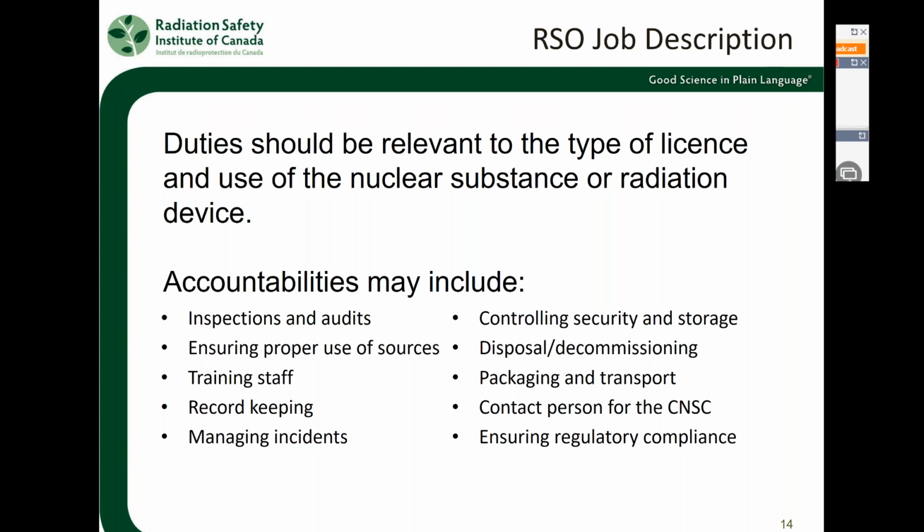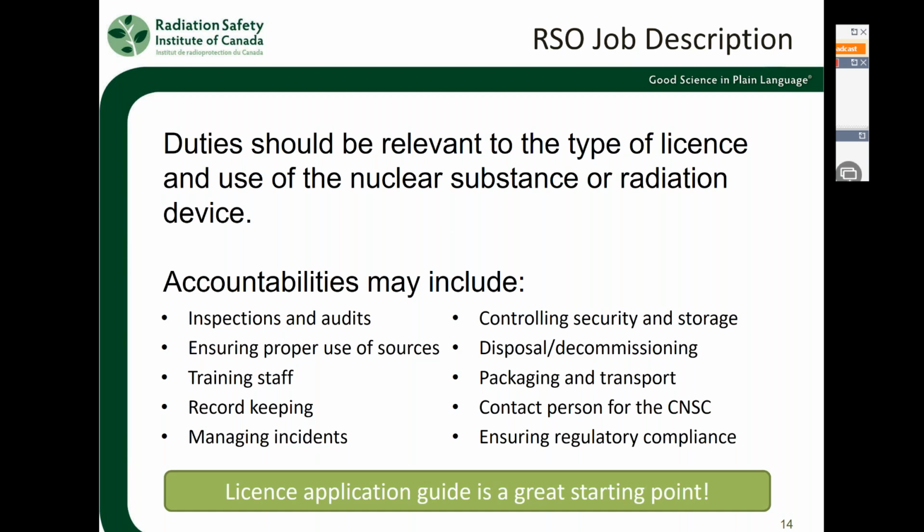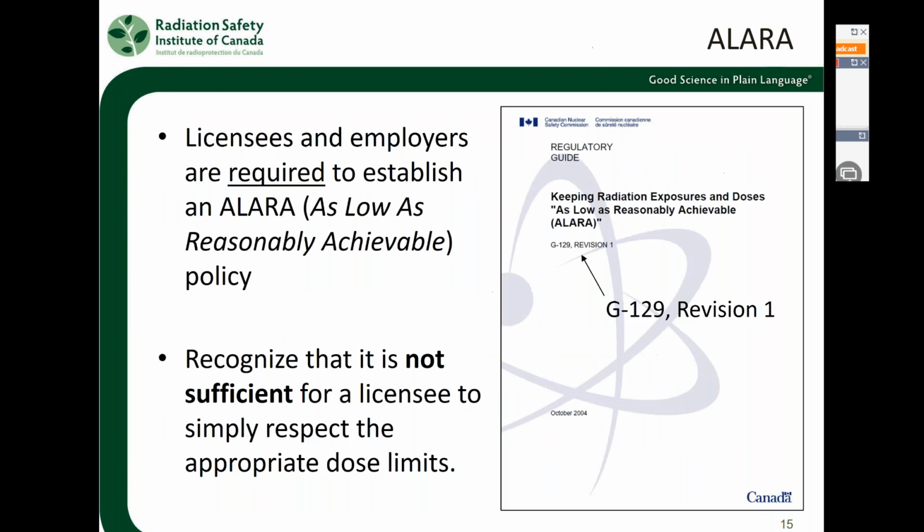And believe me, if your list is not complete and the CNSC sees a gap, they'll let you know and you can add that in there. So the License Application Guide is a great starting point for many of the sections that you want to have in your Radiation Safety Manual and in developing your program. Use that to get you going with any of the policies and procedures that you need to put together.